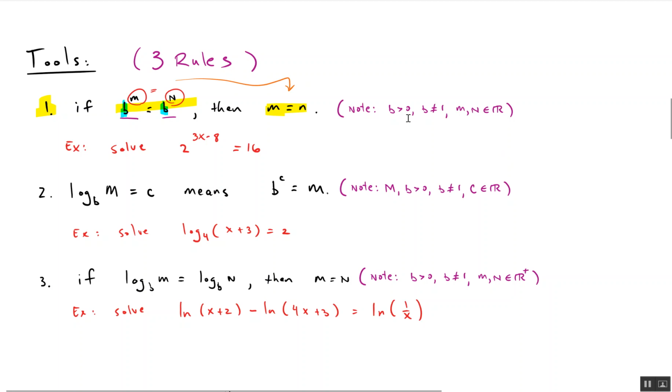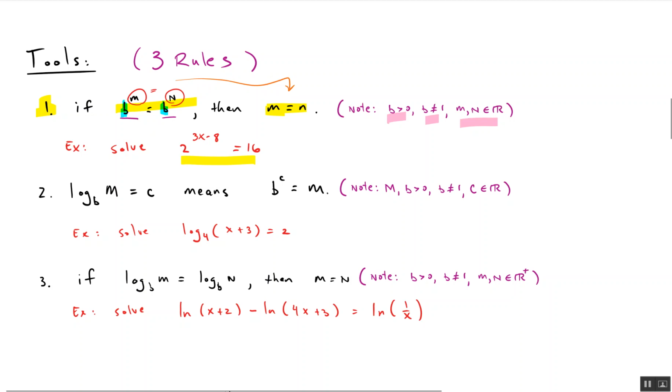And by the way, the base b is positive but not equal to 1, and m and n are real numbers. So an example of this type of equation would be to solve for x in 2 to the quantity 3x minus 8 equals 16. And we'll do that example a little bit later.